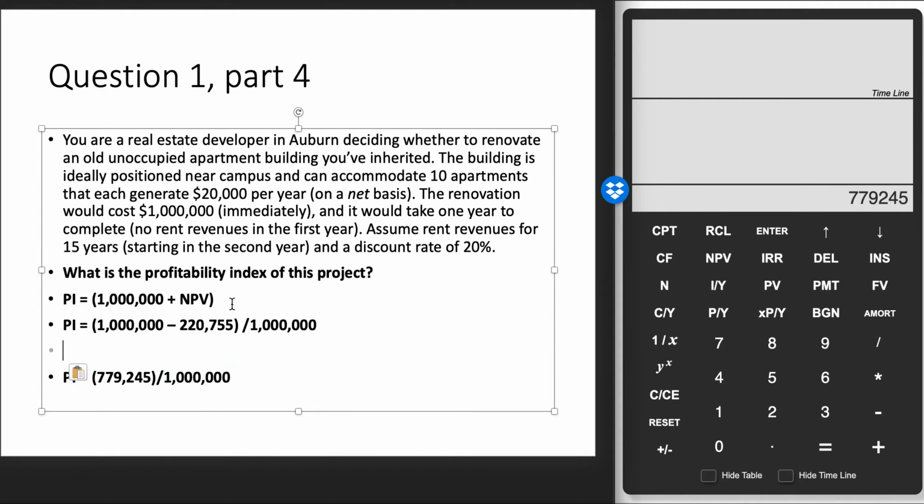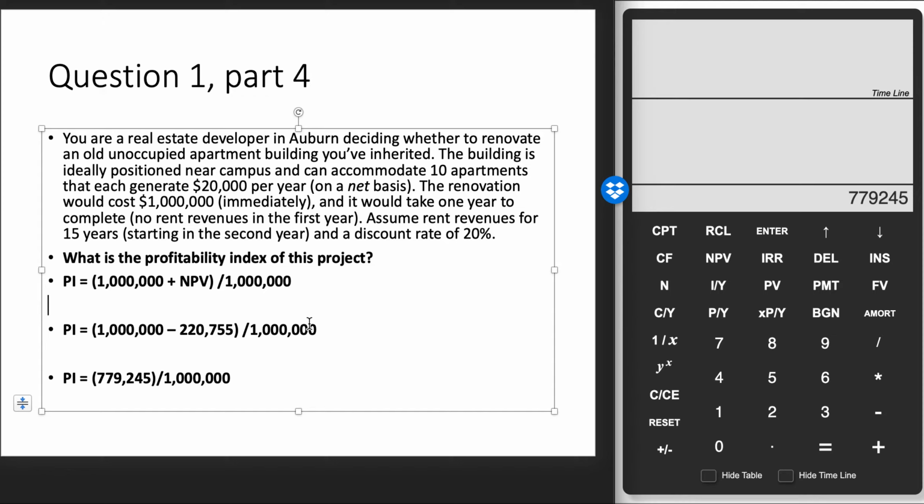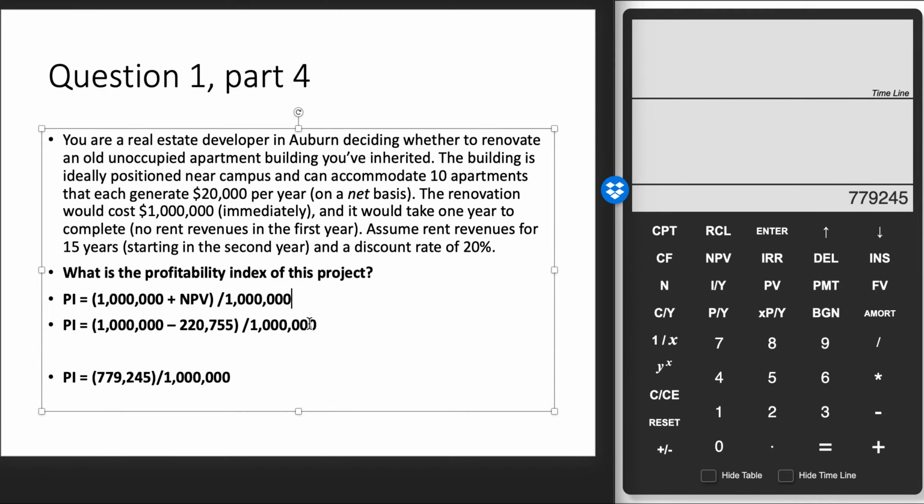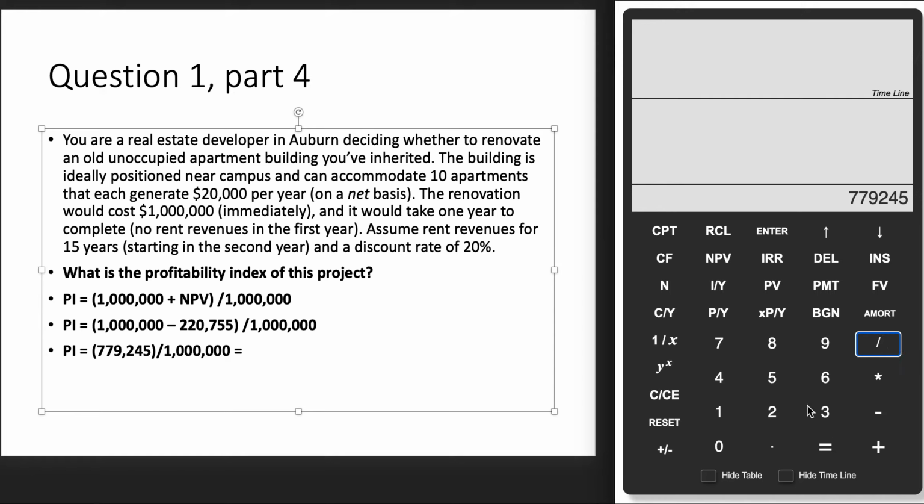So I should have included that at the beginning, which I didn't do. So that is going to be 0.779.